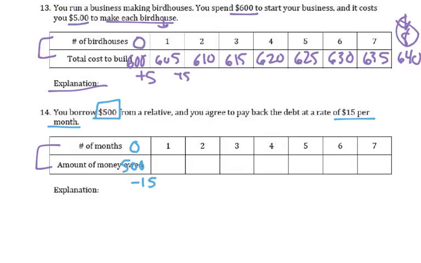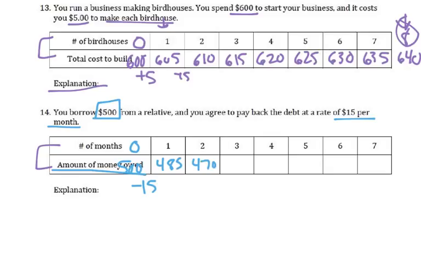Now, we could think about this two ways. The amount of money owed would be $500, and so we could subtract $15. If we just said, the amount of money we're in debt, we could start maybe with negative $500 and then add $15. So there's kind of two approaches, but I think because it wants the amount of money owed, we should actually be subtracting. So 500 minus 15 would be what? 485.